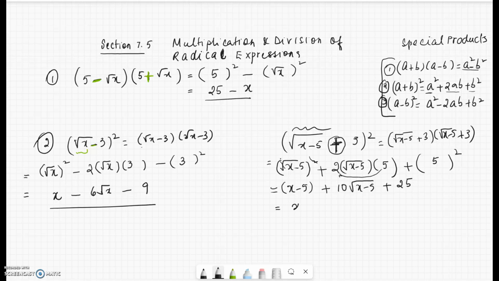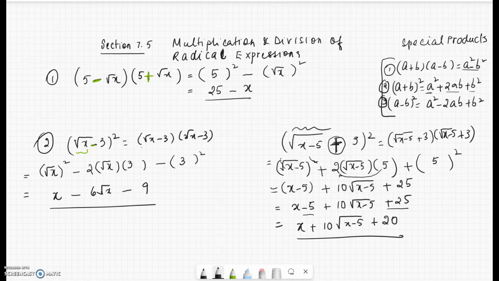So this is equal to x minus 5 plus 10 radical x minus 5 plus 25. I simplify. Negative 5 plus 25 is 20. So x plus 10 radical x minus 5 plus 20. And that's my final answer.